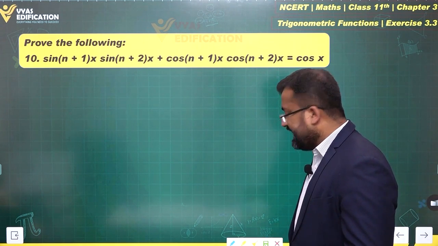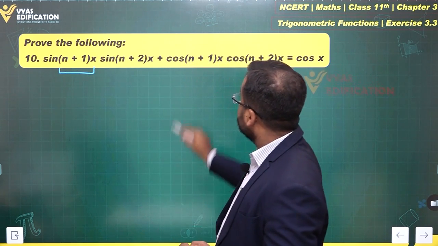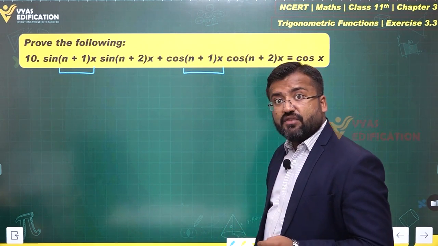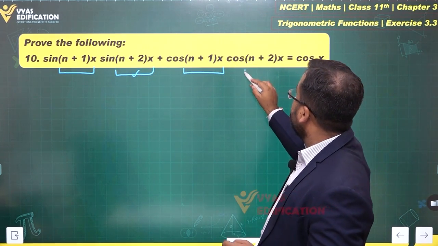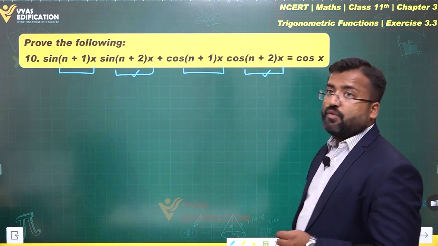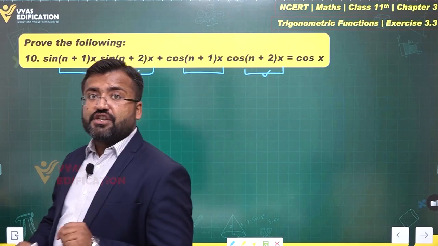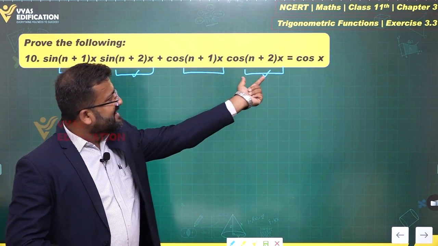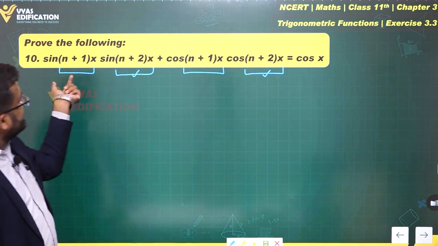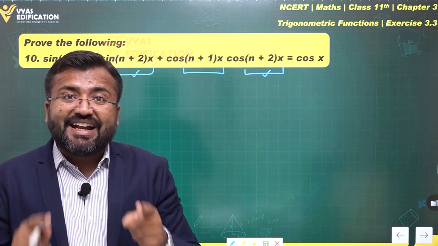Please observe the angles. This is (n plus 1)x, and similarly you have (n plus 1)x over here as well. This here is (n plus 2)x, and similarly you have (n plus 2)x over here as well. So you have the same angles at two different locations. Imagine this as A, this as B. This is cos A cos B plus sin A sin B. That's a particular identity, and we remember that identity, right?